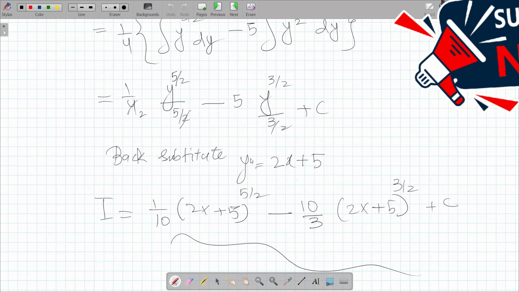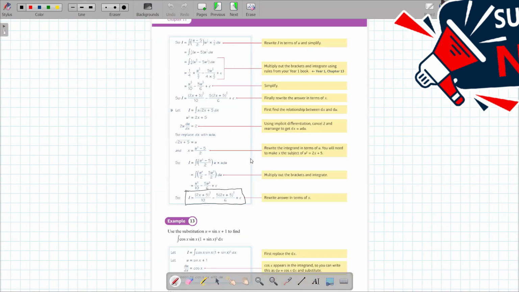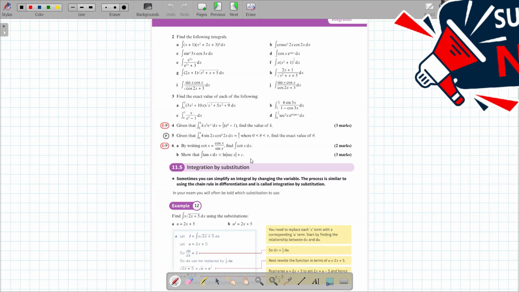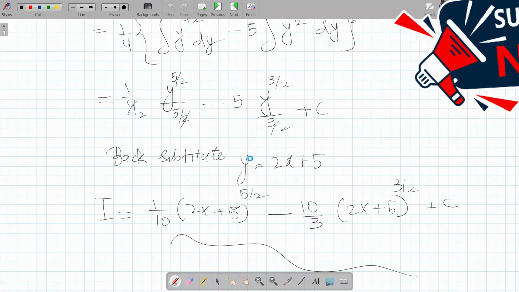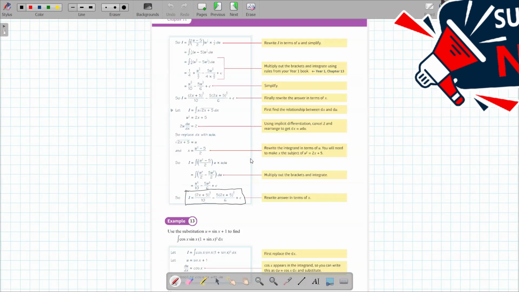Is it the same? There is some difference I see. What is the problem? Why is our answer not matching with this expression?